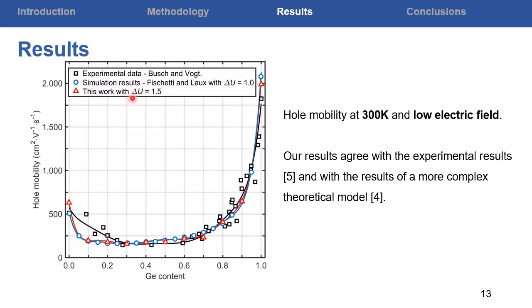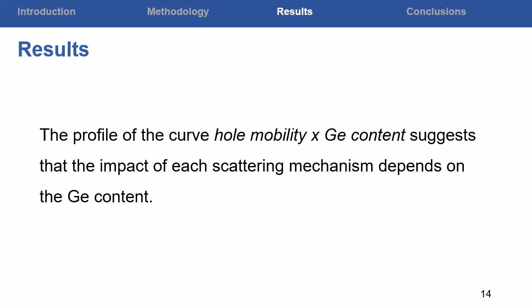The alloy disorder scattering potential was adjusted to obtain the mobility results that best agree with the experimental results and with the simulation results. Looking at the profile of the curve of hole mobility as a function of the germanium content, we can notice that the hole mobility depends on the germanium content, and this suggests that the impact of each scattering mechanism depends on the germanium content.